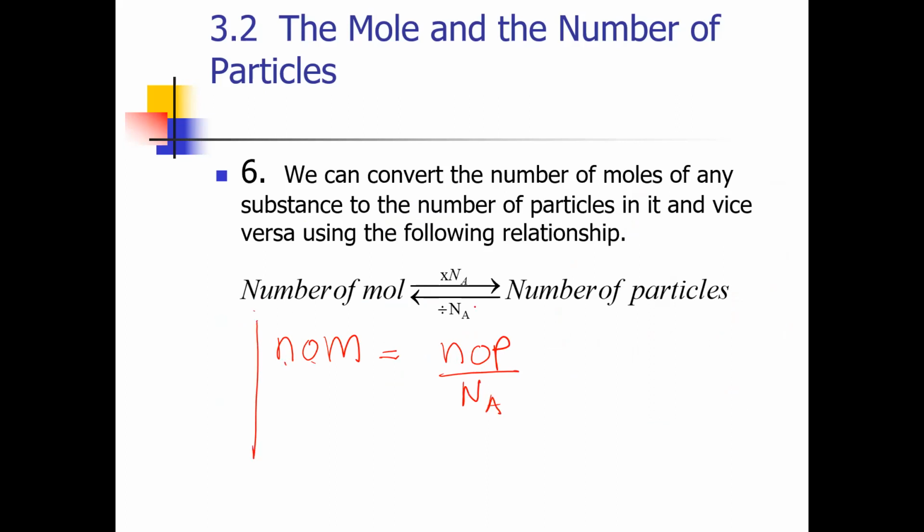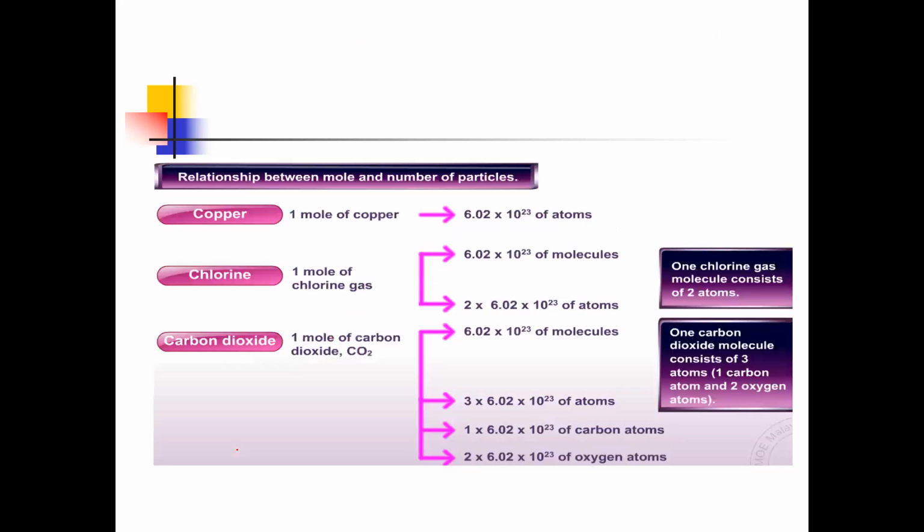What is NA? What is the name for it? I told you to memorize Avogadro number, or Avogadro constant. Right now we're going to do a lot of calculations already. Let's start.